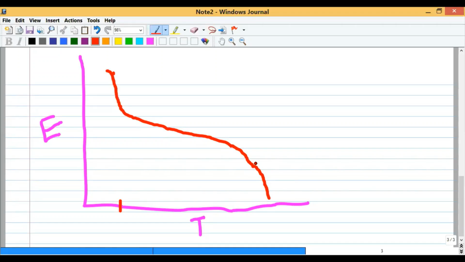So here it will melt, the melting temperature of that polymeric material.